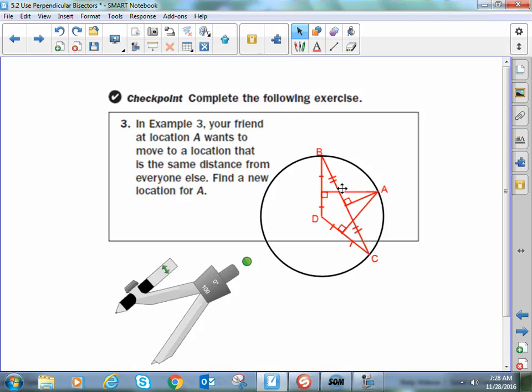So he is the same distance away from person B and person C. This is not the only way that you could do it, but this is one way that you could do it.